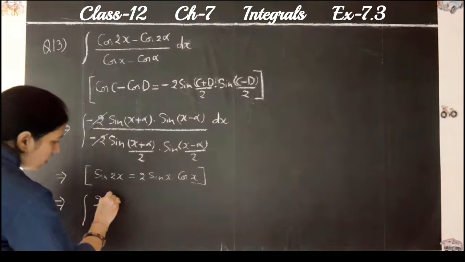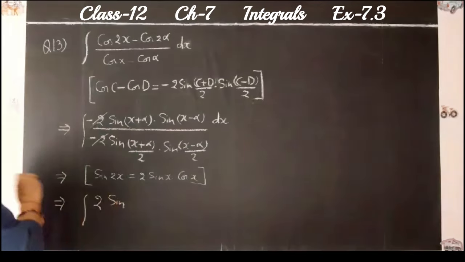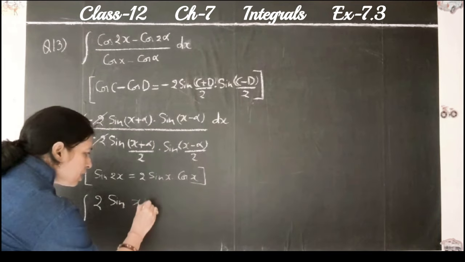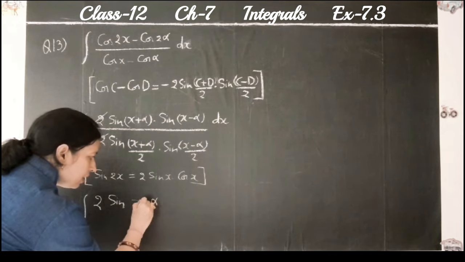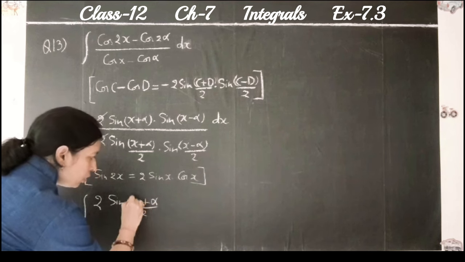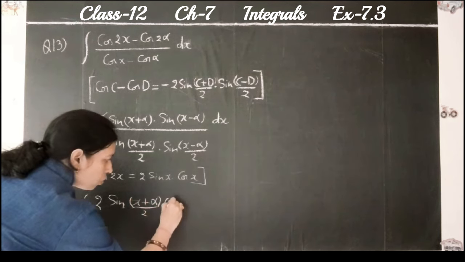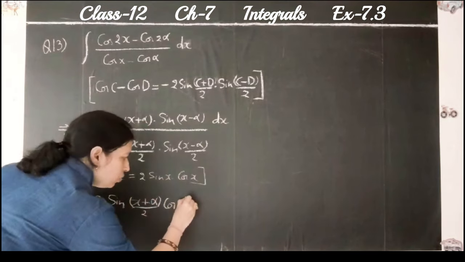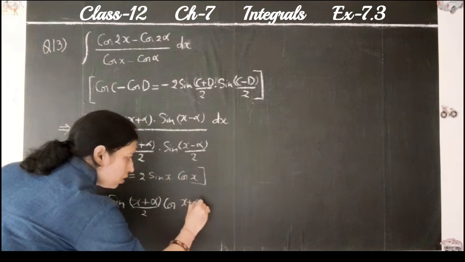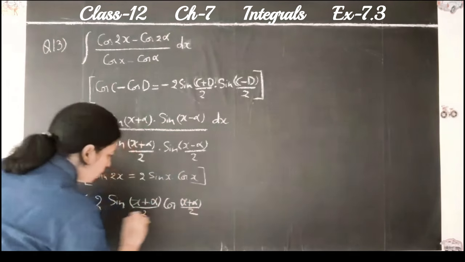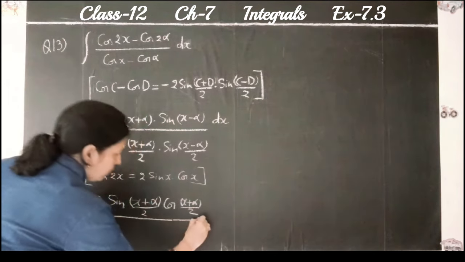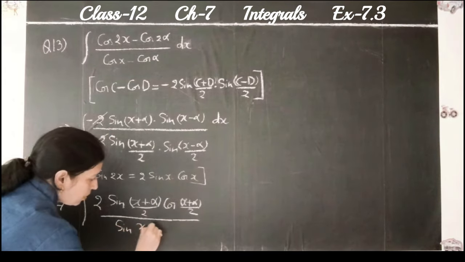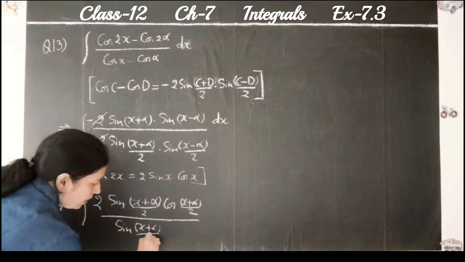2 sine, what will be x? If this one is 2x, then x will be (x plus alpha) divided by 2, into cos (x plus alpha) divided by 2. And in the denominator it is given sine (x plus alpha) divided by 2.